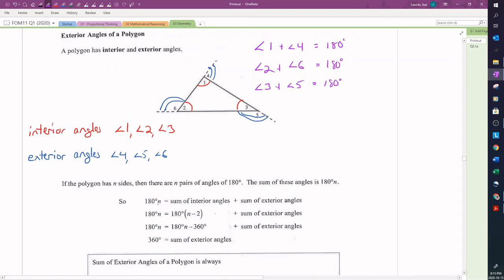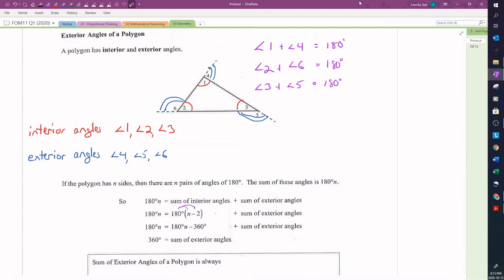So 180n. We have a formula for the sum of the interior angles, which is 180 times (n minus 2). And we can distribute that out to make that 180n minus 360. And if we take this equation here and we subtract the 180n from both sides and add 360 to both sides, we end up with 360 equals the sum of the exterior angles.